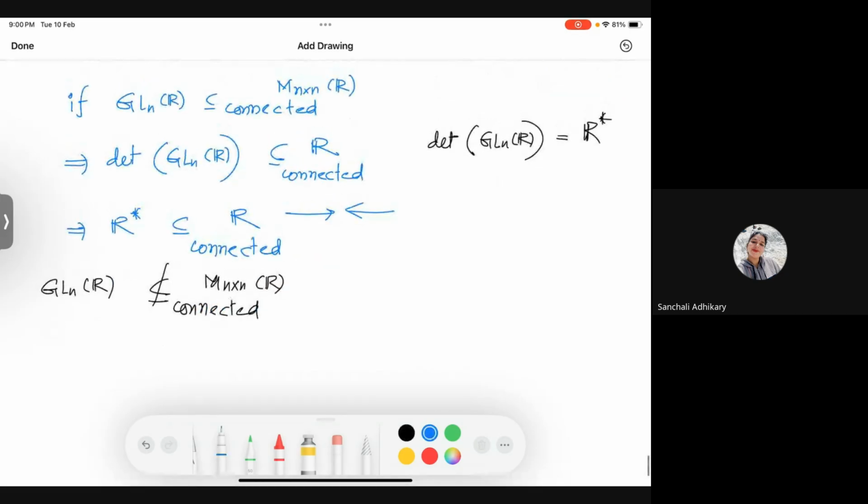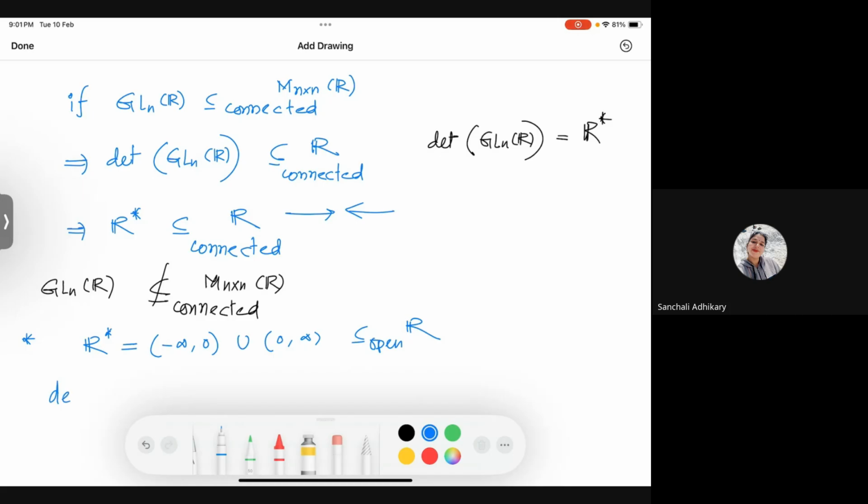Now see, is this set open or not? R star is equal to minus infinity to 0, union 0 to infinity. This is open in R, because this is open and this is open, and the union of two open sets is open.